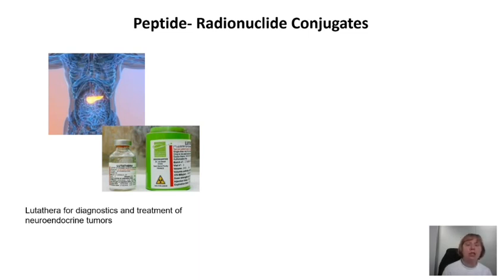In low concentration, our radioactive material can be used for diagnostics. So under X-ray radiation, the surgeon sees where the tumor is located, and so he can do surgery more precisely. In higher concentration, this radionuclide peptide conjugate can be used to treat cancer.